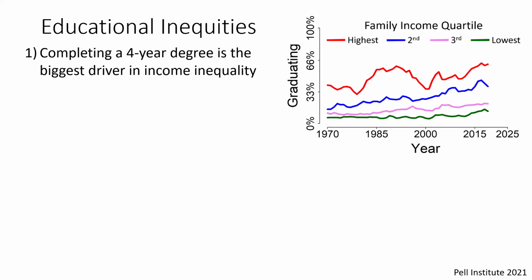This is a huge problem. Thought of a different way, if it's true that completing a four-year degree is the biggest driver of income inequality, higher education is exacerbating the problem, not ameliorating it, right? We need to do something about this problem. The second big reason is that we can't meet the STEM workforce demand if we're systematically excluding some people from this workforce.